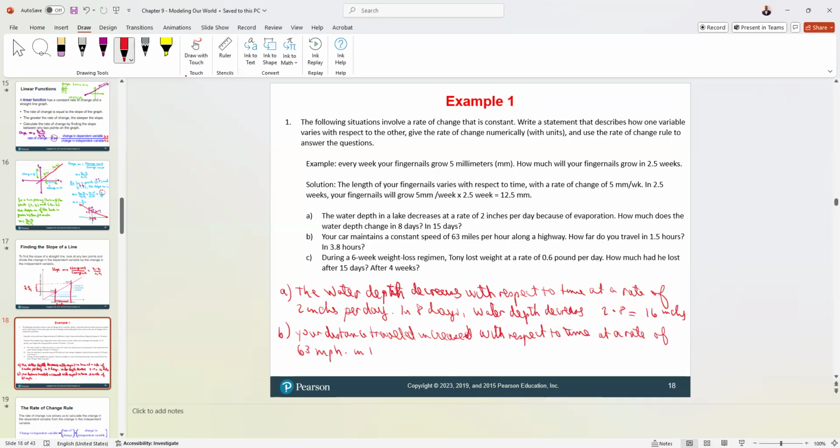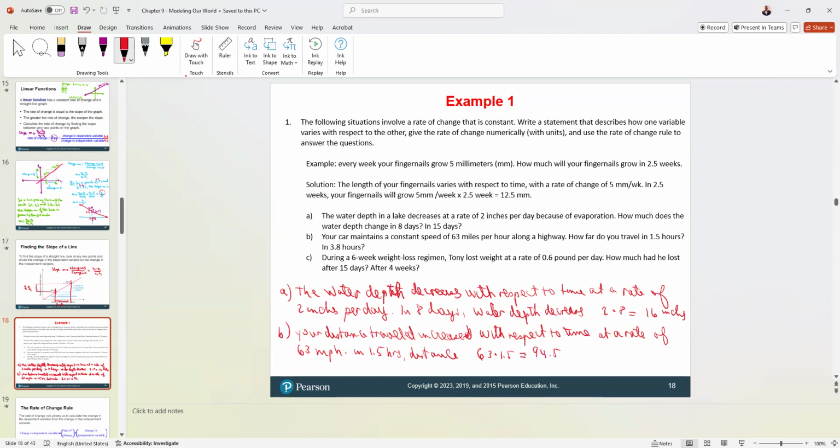In 1.5 hours, the distance is what? If you do 63 miles per hour, the distance would be 63 times 1.5, which is 94.5. Remember, I'm not doing both.